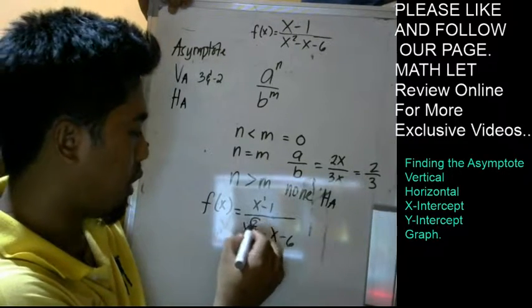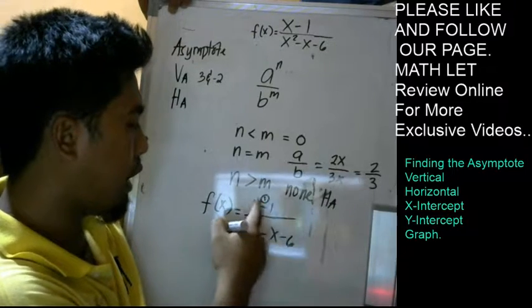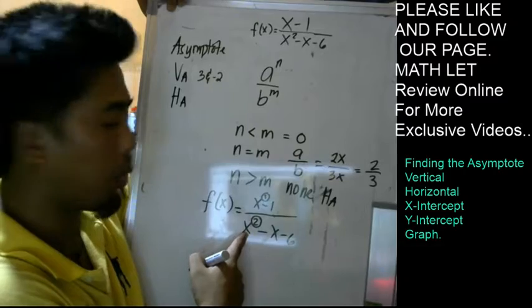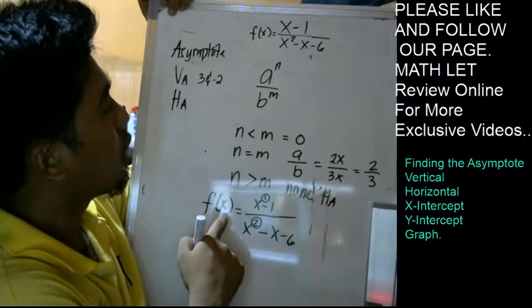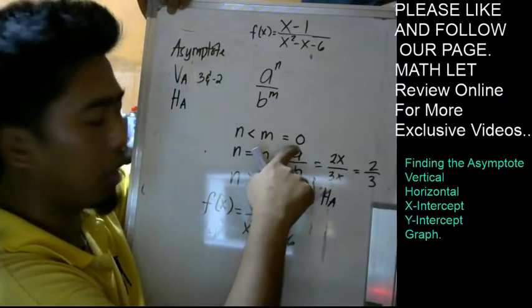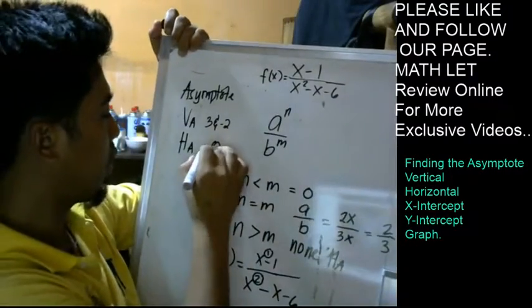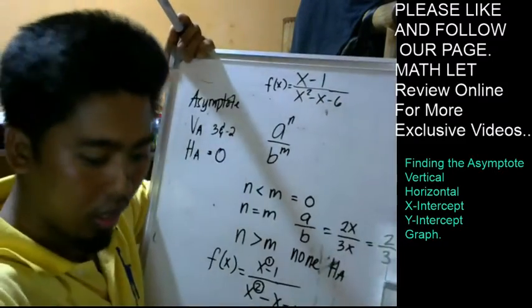So therefore, the m is bigger, or the n is lesser compared to the denominator exponent. So therefore, we can conclude on this particular example that our HA is 0. Okay?